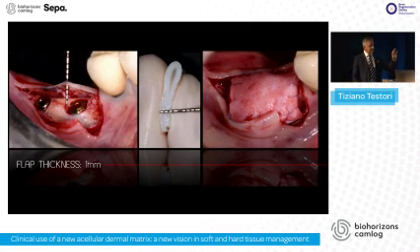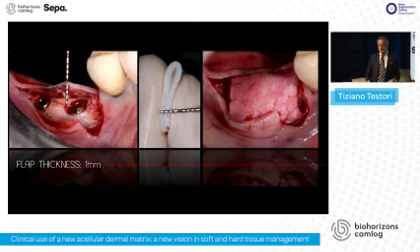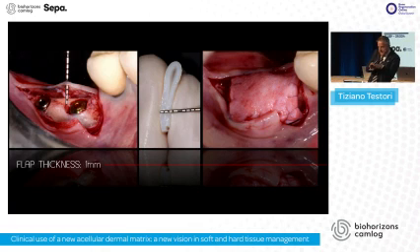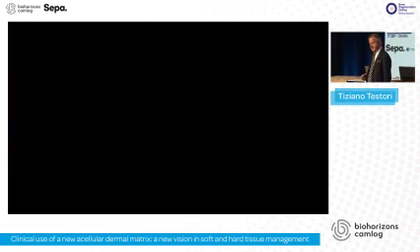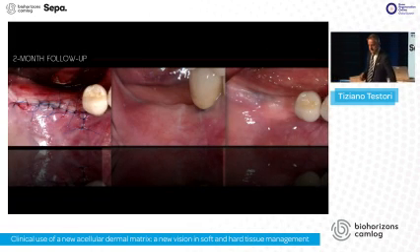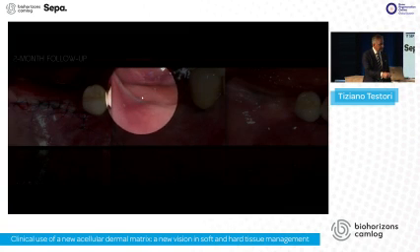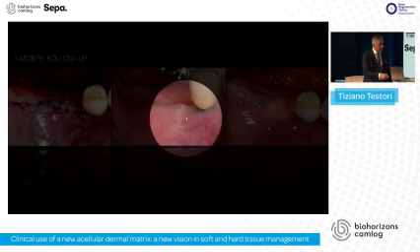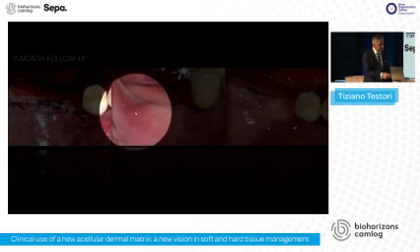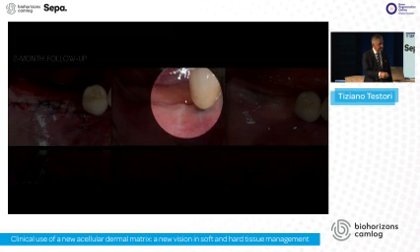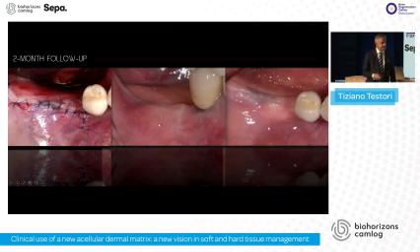We measure the thickness of the flap, and we put a Novomatrix, and if we get it covered and it stays covered, this is a 2 months follow-up, and you can see at 2 months even the area of soft tissue augmentation. This is the Novomatrix here.